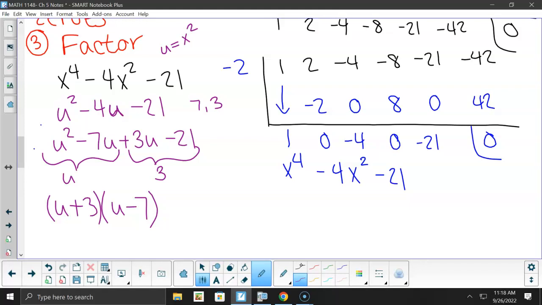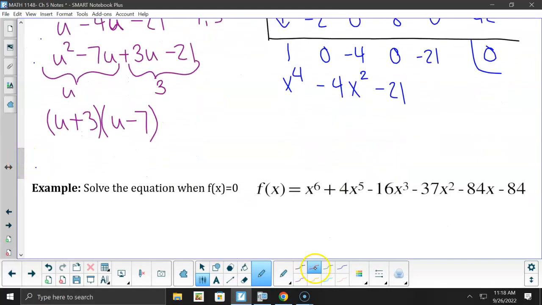So, I've got my 2 from earlier. So the answer f of x will equal x plus 2 squared, because that was my multiplicity that I took out with synthetic division.